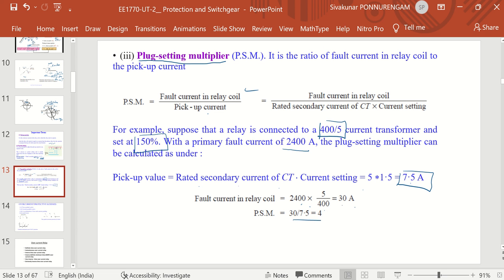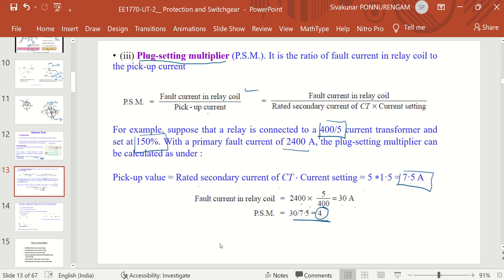The PSM value, the plug setting multiplier, is 30 divided by 7.5, which is 4. Similarly, we can find the PSM value for other settings.